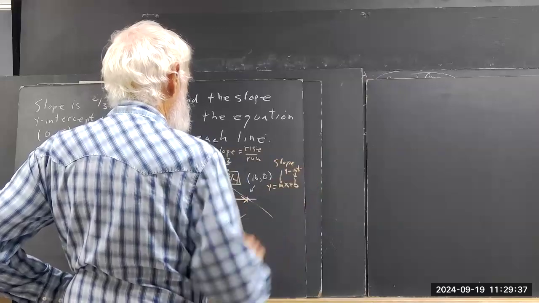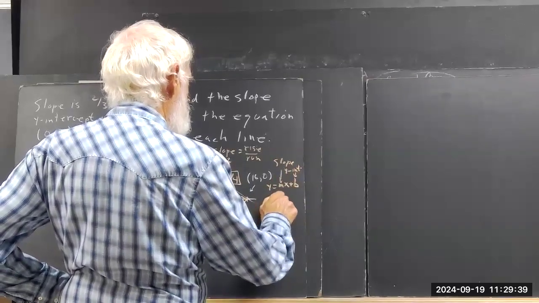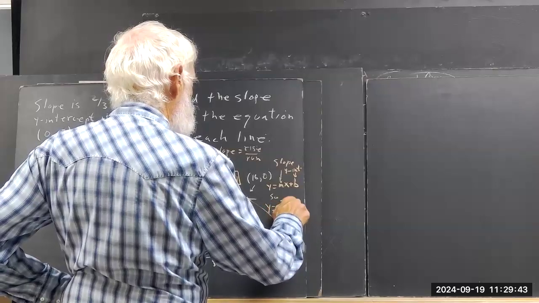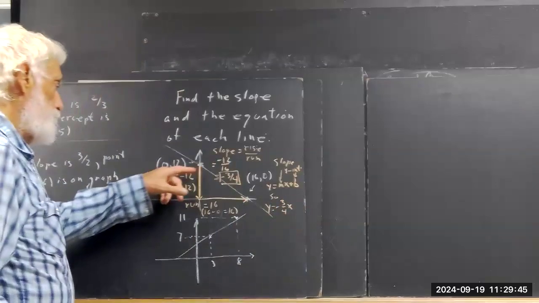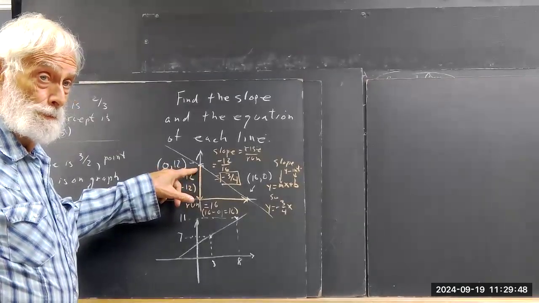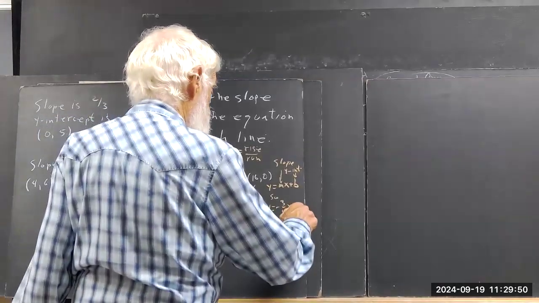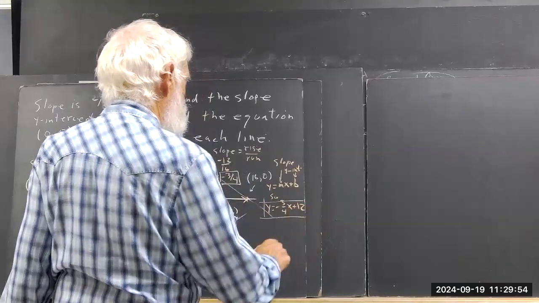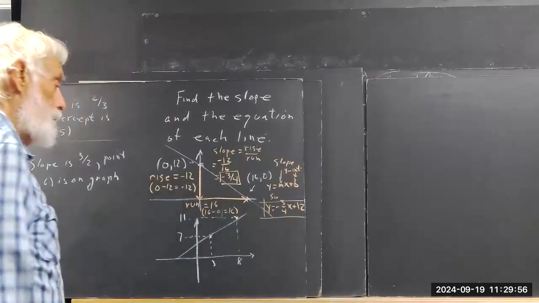B is your y-intercept. So y equals negative 3/4 x. And the y-intercept is y equals 12. So that's going to be plus 12. There's your answer. Make sense?